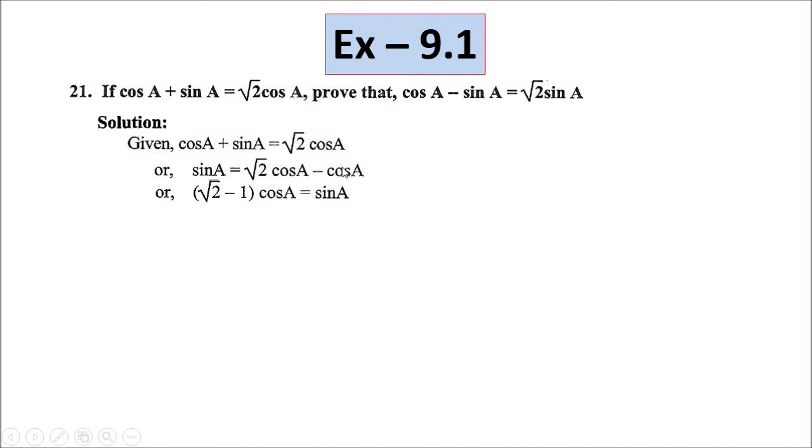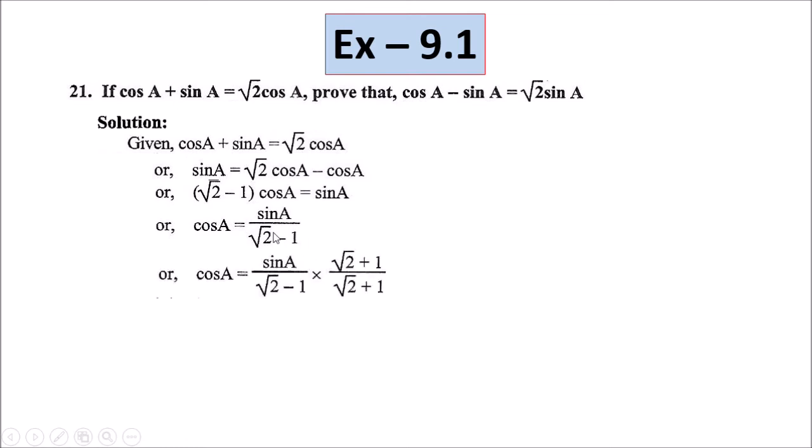So in the very next line you can see I just took cos a common. So root 2 minus 1 is here, and sin a remains sin a. I'm just turning over because in the next line I need to do that. So this part I am multiplying with cos a and sending to the right side, that is sin a by root 2 minus 1.